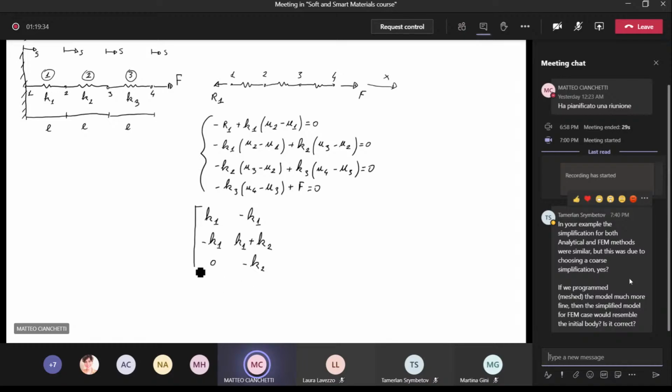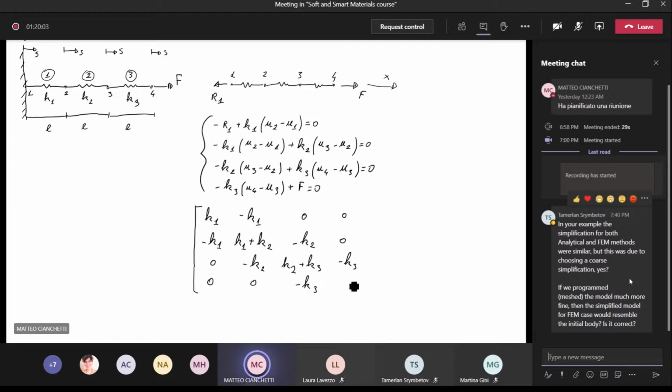This is the same procedure we did before for the single element again. Minus K3, 0, 0.